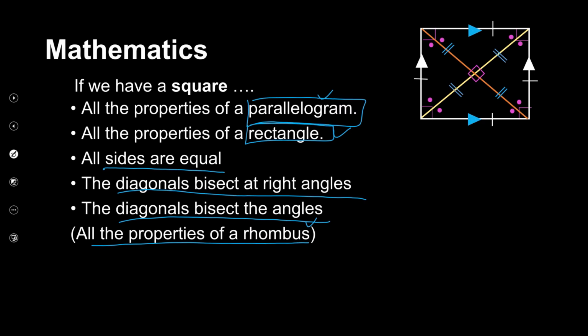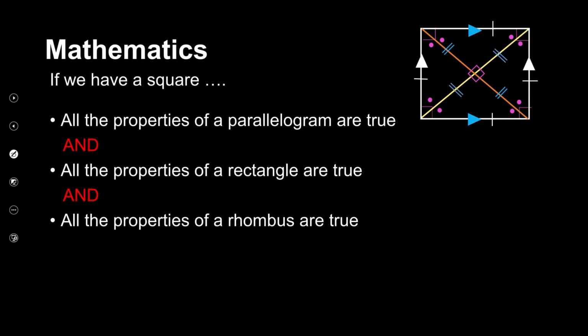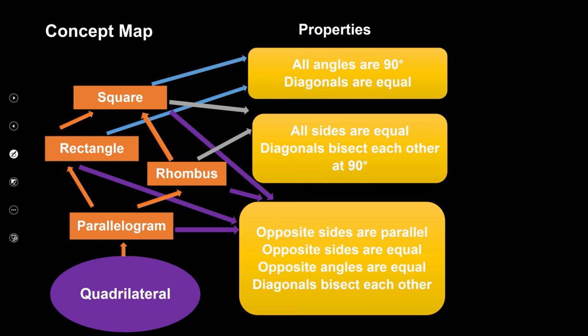What do I call it between these three things? Because now I can label it as three things. Let's continue and see exactly. Now, all properties of a parallelogram are true. That's nice. Rectangle, true. Okay. Rhombus, true. So as a result, that makes a square to now overlap in all of them.